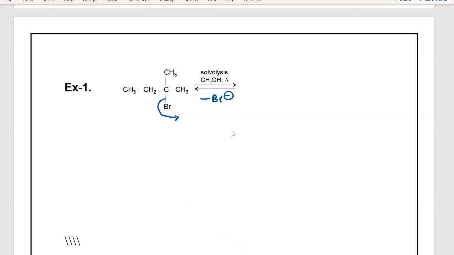It slowly departs from the substrate. Then what will we get? First step, formation of carbocation. So what is the degree of this carbocation? Tertiary carbocation.